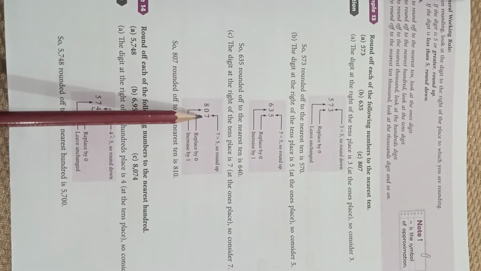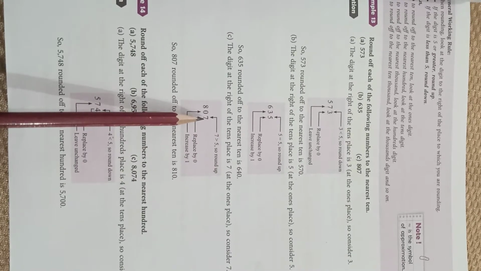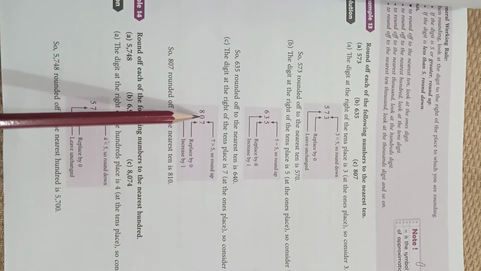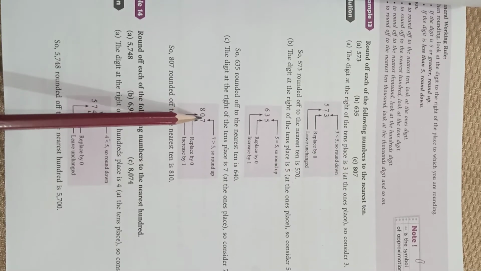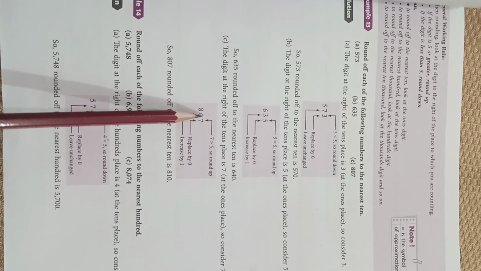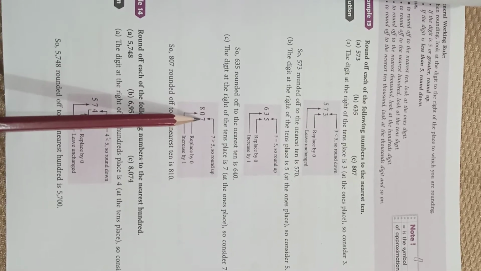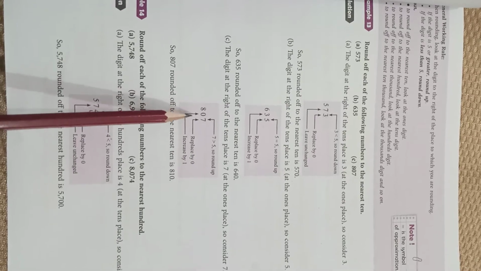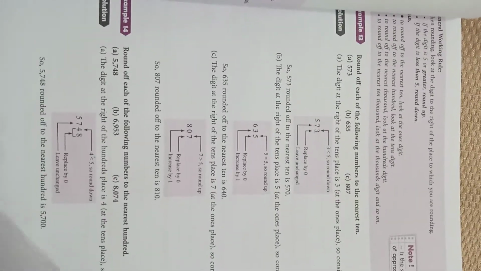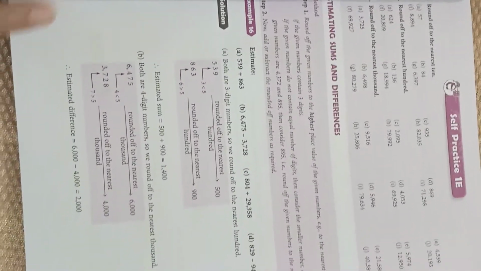The ones digit is 7, greater than 5, so it will be rounded up. At the tens place we add 1, so 0 becomes 1, and 7 is replaced by 0. It will be 810. Get that?